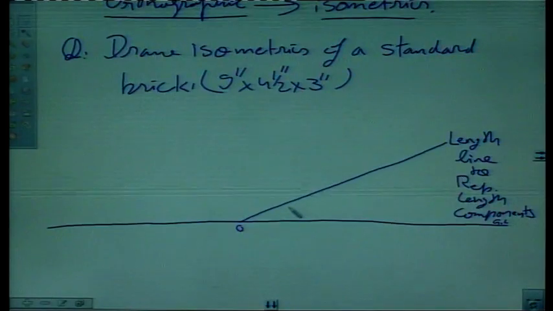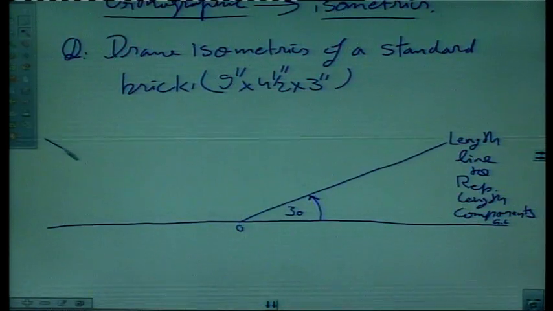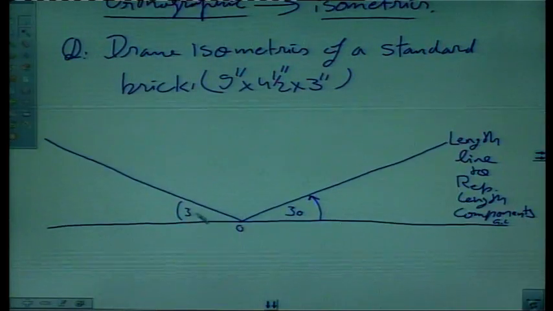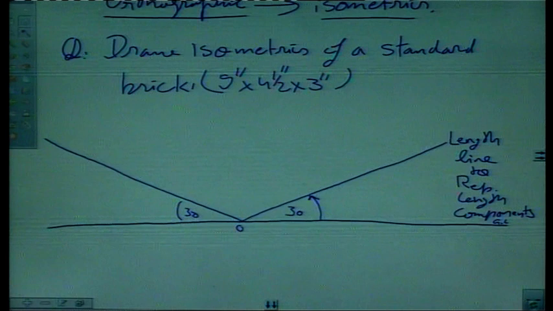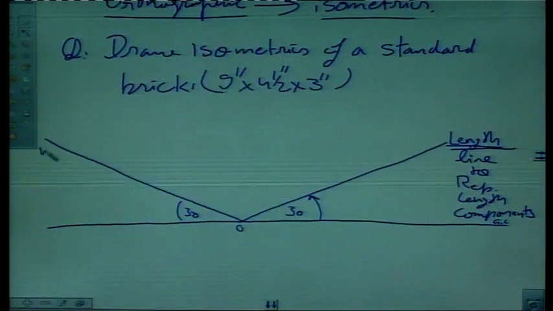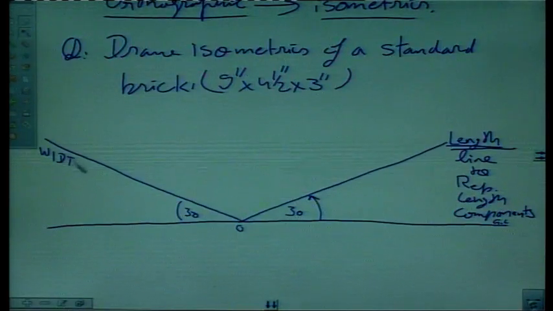And this angle here is 30 degrees, right? Draw a second line which is like this. Again this angle is 30, right? And this axis can be for representing width lines.